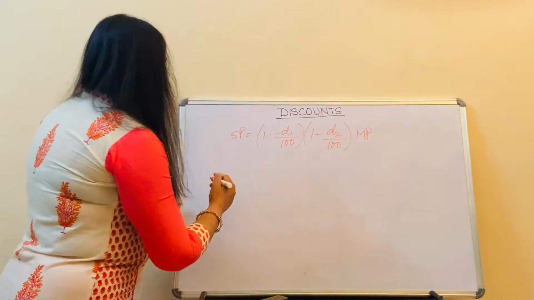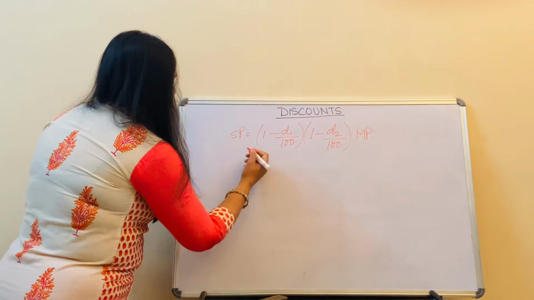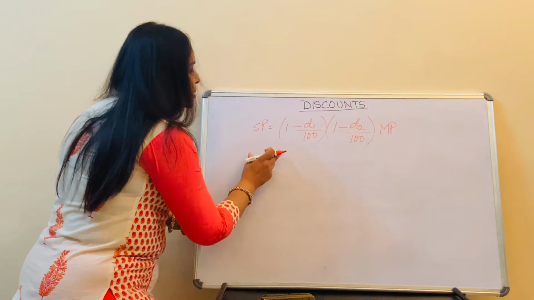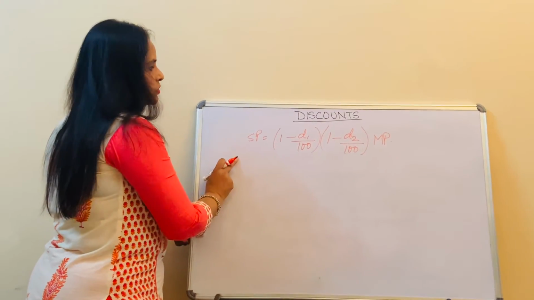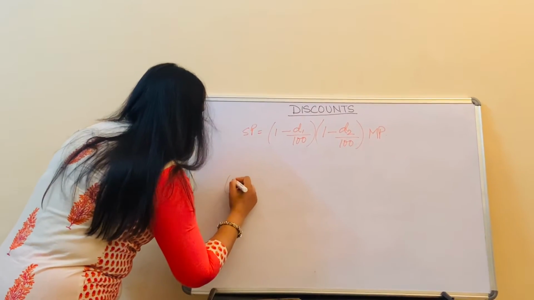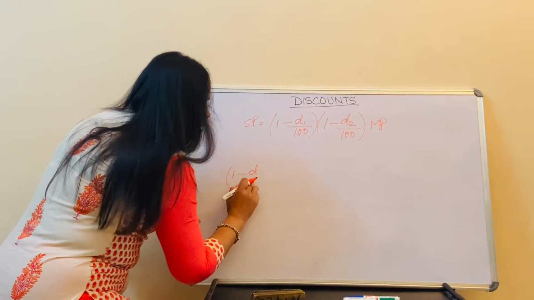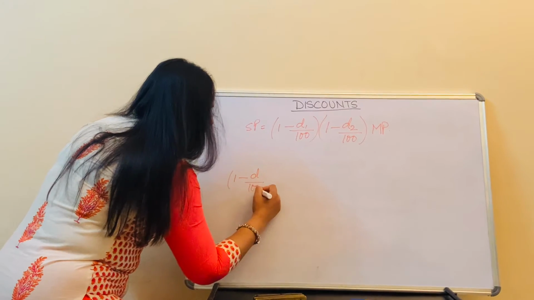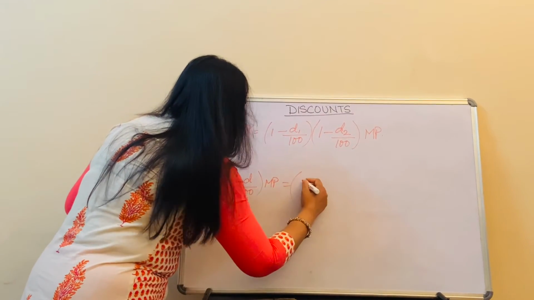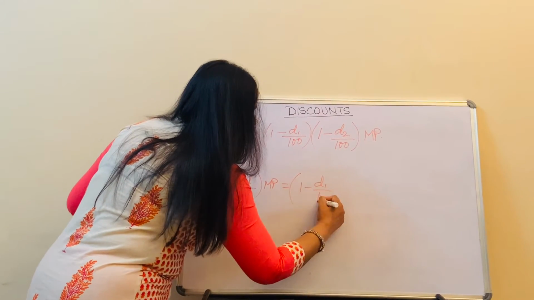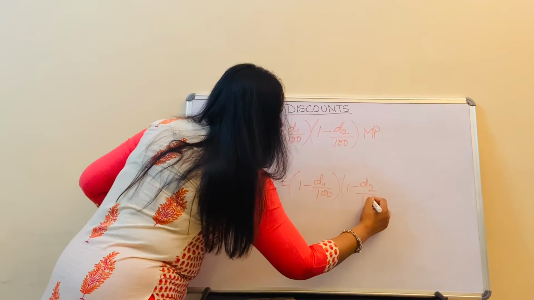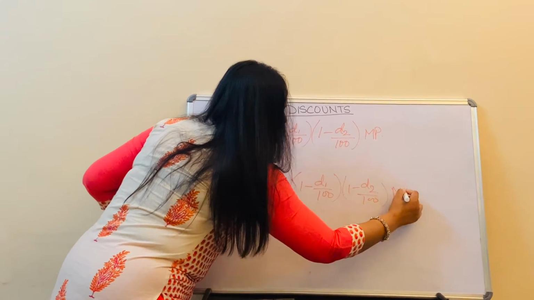Yes, of course. For that we have the formula which gives us the single discount equal to the 2 successive discounts. 1 minus D, where D means the single discount, multiplied by mark price is equal to 1 minus D1 upon 100 into 1 minus D2 upon 100 into mark price.